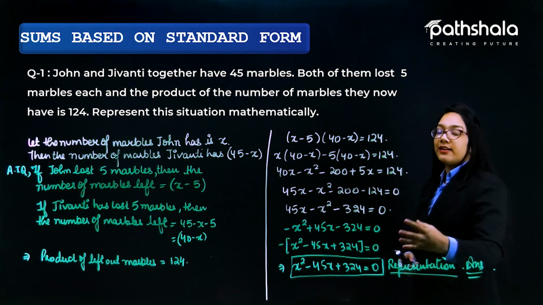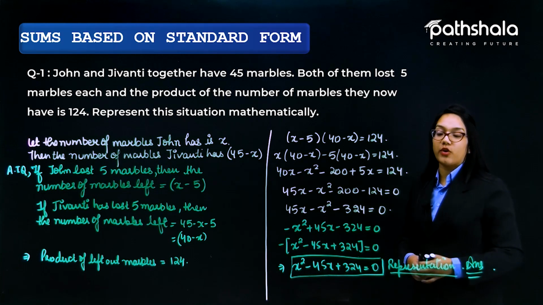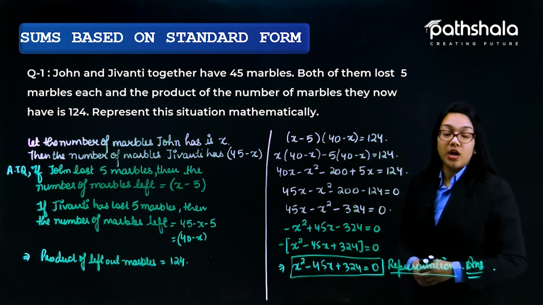So at the end we have formed a quadratic equation, that is x square minus 45x plus 324 is equal to 0. I hope the solution for such a question is all clear to you.